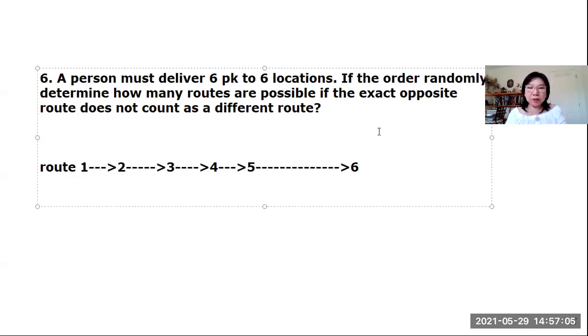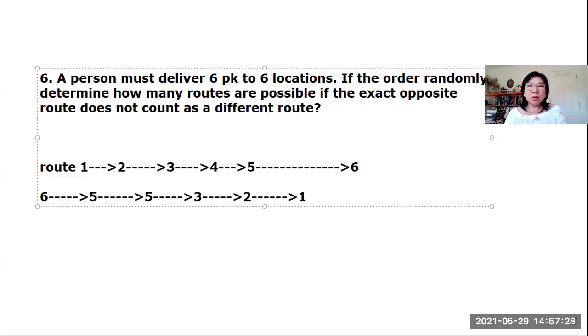You will count opposite, right? So we go from 6 backward to 5, and then to 4, and then backward to 3. That means opposite, right? Backward to 2, and backward to 1.